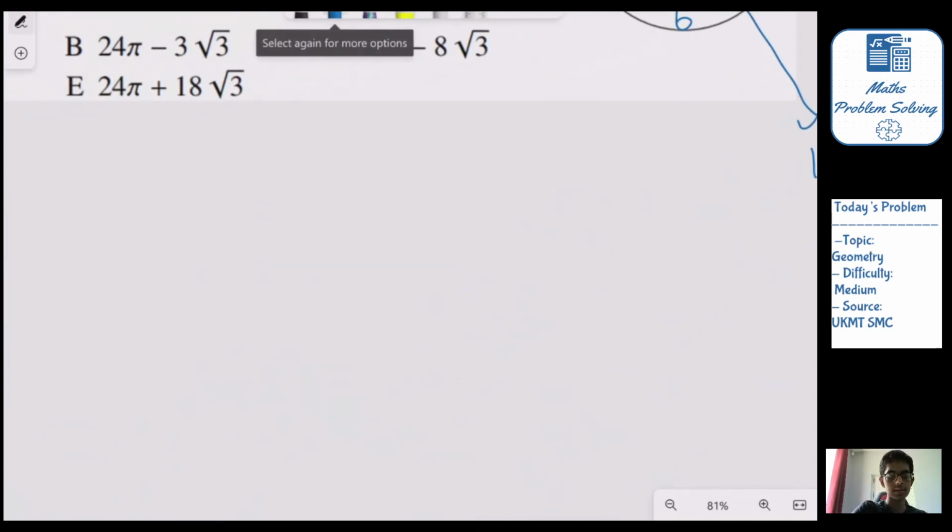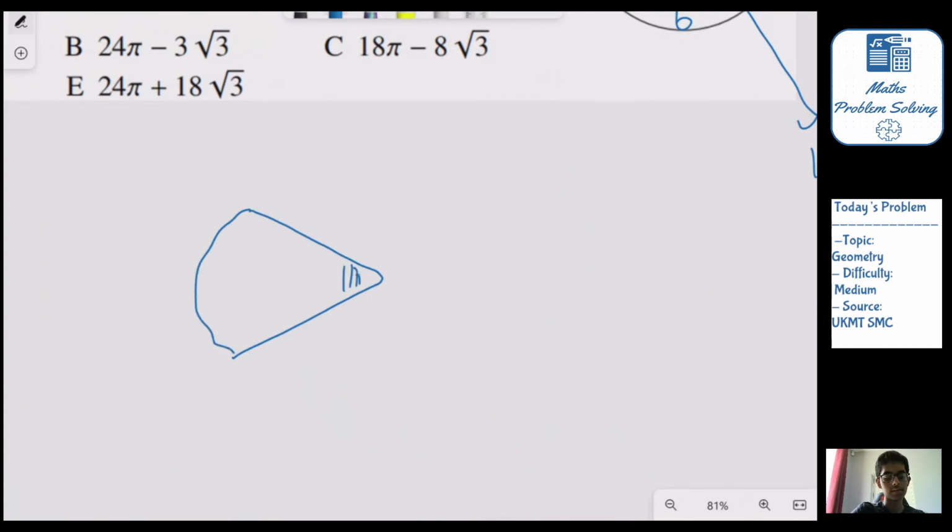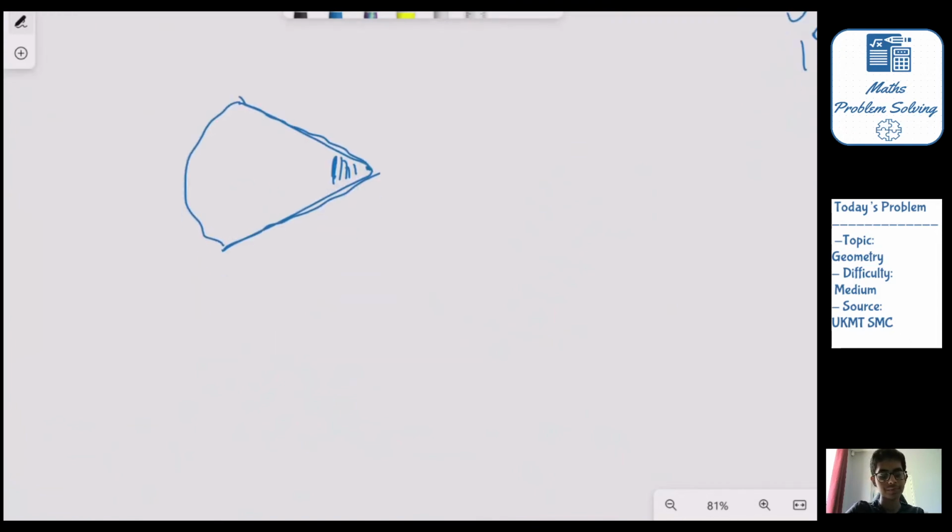So the area of the sector is just this angle over here, divided by 360, times pi r squared.